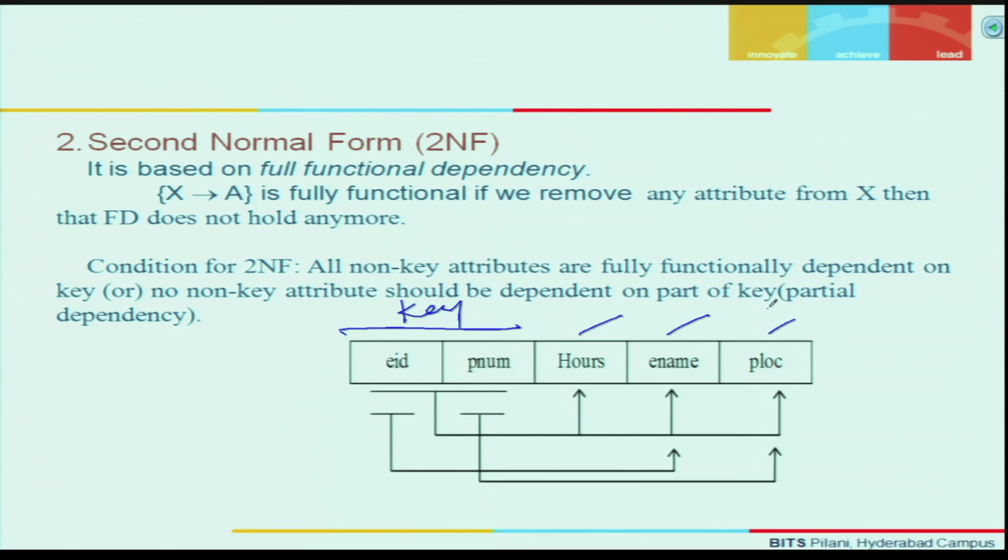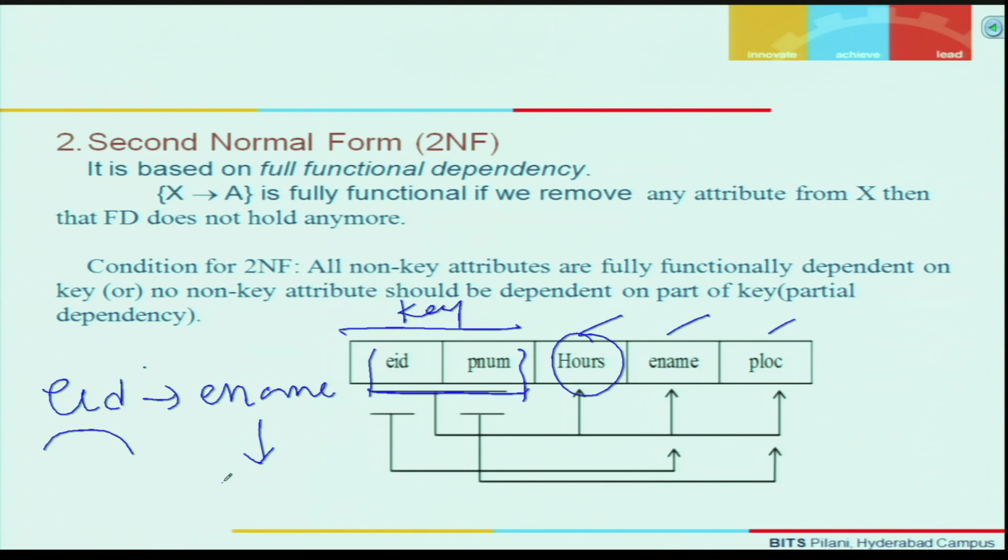Suppose you take hours. Hours is completely determined by the key, so there is no problem. But if you look at this one, employee ID determines ename, a functional dependency where ename is a non-key attribute. EID is a key attribute, but it is not the complete key, it is part of the key.